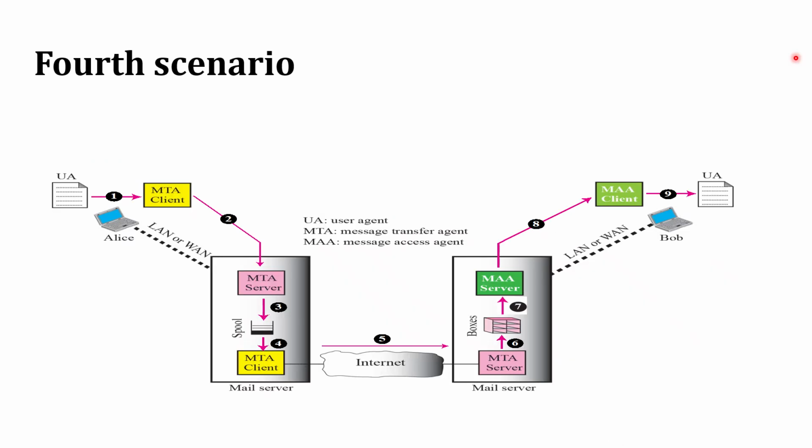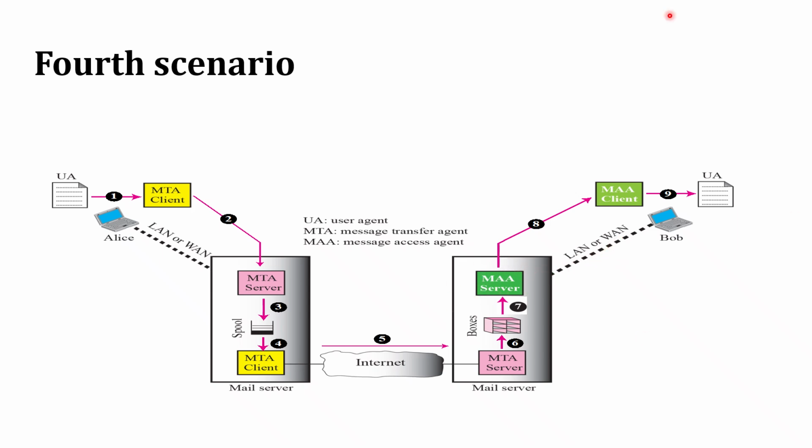In the fourth scenario, Bob is connected to the mail server via LAN or WAN, and he needs to retrieve the messages that have arrived. To accomplish this, Bob uses a separate set of client-server agents known as message access agents.